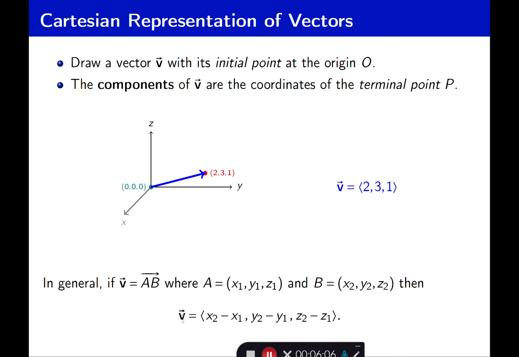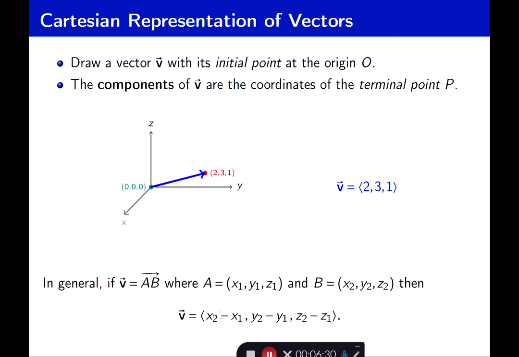Then v is the vector with the difference of the first coordinates as its first component, the difference of the second coordinates as its second component, and the difference of the third coordinates as its third component.